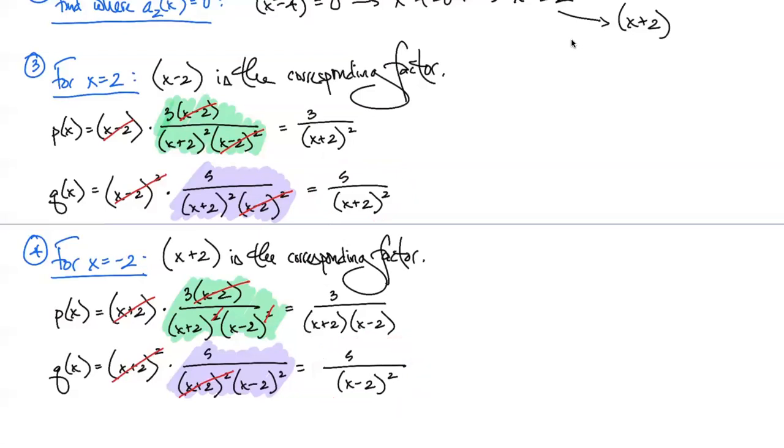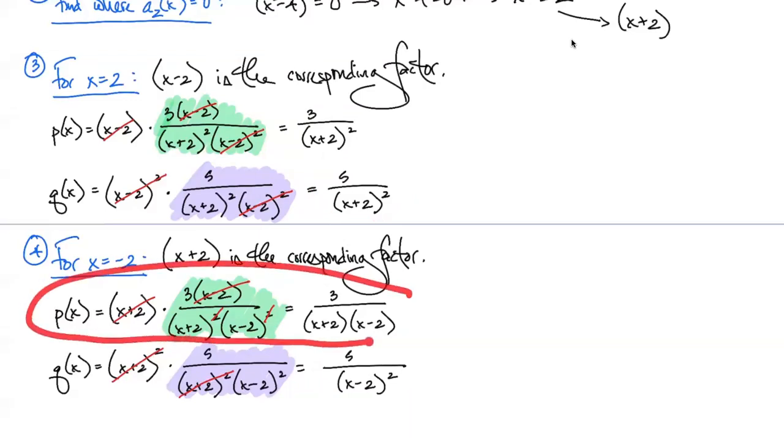But the only one that kind of stands out at the end of this process is this one, because I still end up with an undefined value at x equals -2, okay?